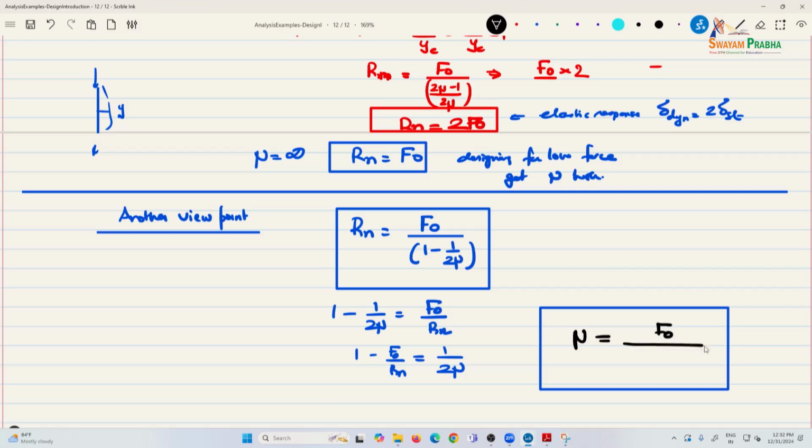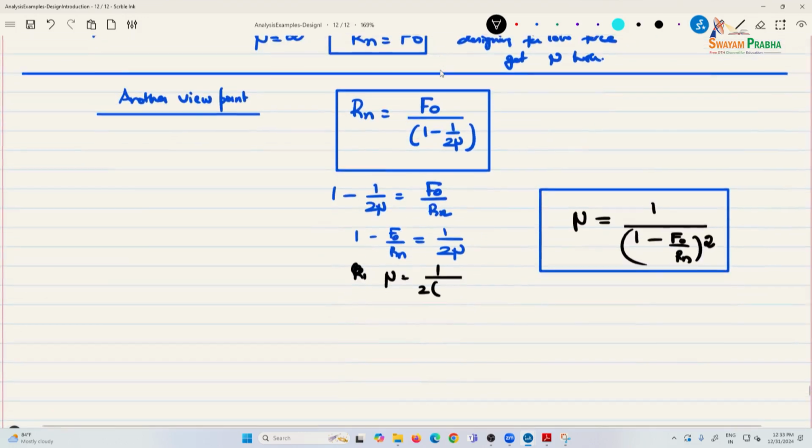I think I have got something wrong there. So invert it, so mu equal to 1 over 2 times. Okay, am I right?